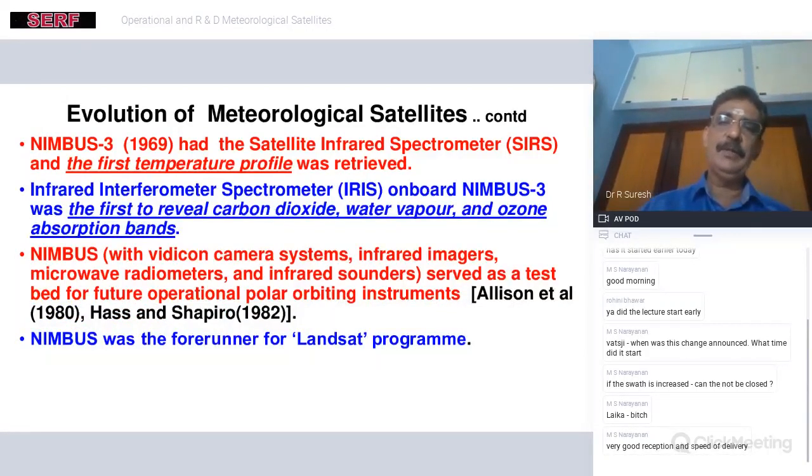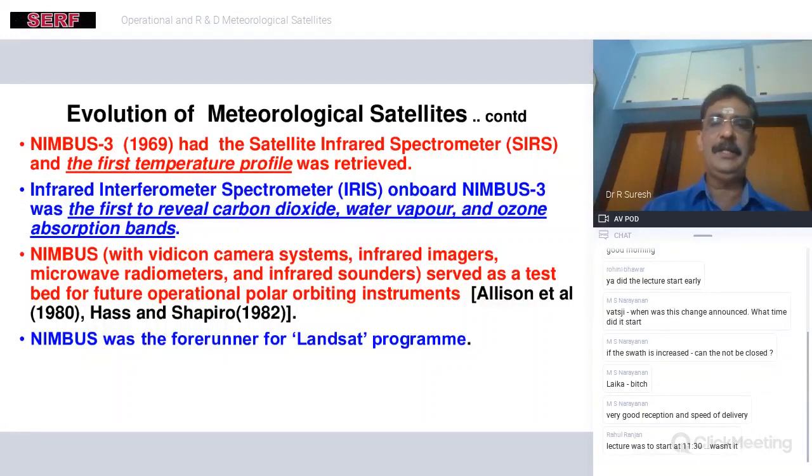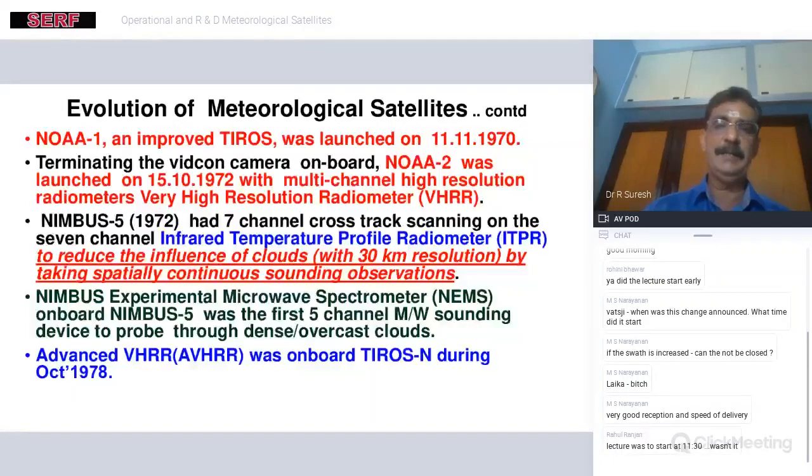In Nimbus 1 to 7, a variety of instrumentation was on board, and with that some profiles were obtained, ground validated, and sensor and processing capability improved. It was like a chain of events taking place. And with the success of Nimbus, the idea of the Landsat program started in many countries.